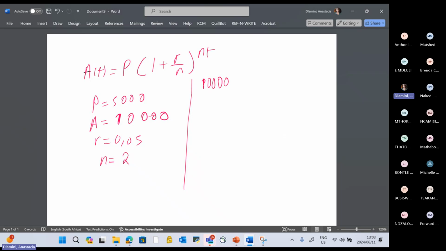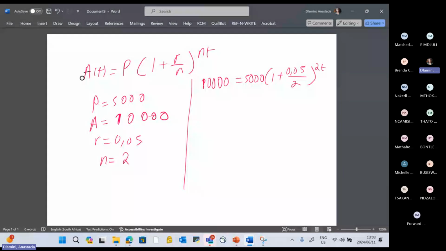Now, we then go and substitute and say this is equal to 10,000. How do you write 10,000? Okay, equal to 5,000 (1 + 0.05/2) to the power of 2 times t. Now, as I said, I do not want you to simplify that because you will not be using a calculator.